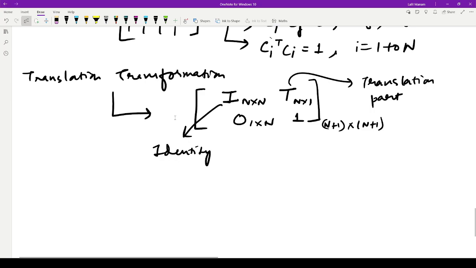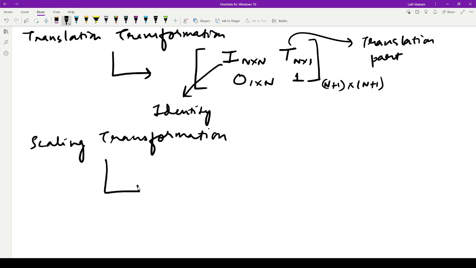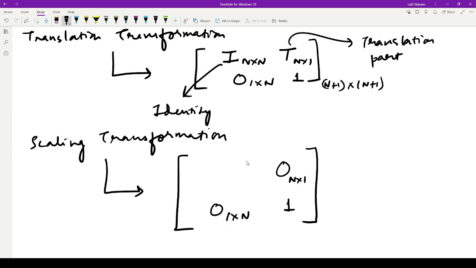Scaling. How does scaling look like? In 2 dimensions, if someone remembers, it can just be extended. What will be this part?